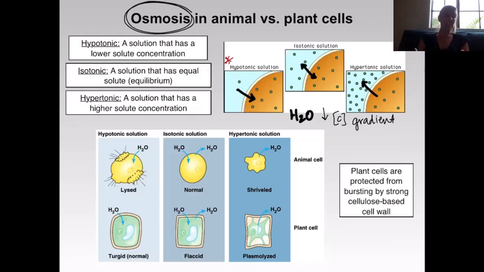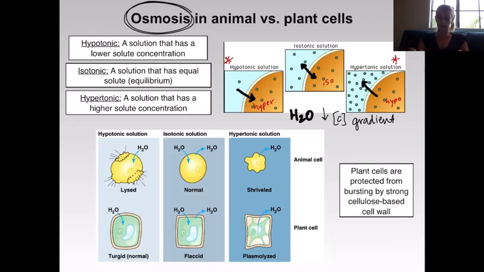However, that means the cell itself is hypertonic to that solution. If we look over here, the cell is hypotonic compared to the hypertonic solution, right? So when you're talking about these, you need to talk about either the solution or the cell. Generally, we're talking about the solutions.